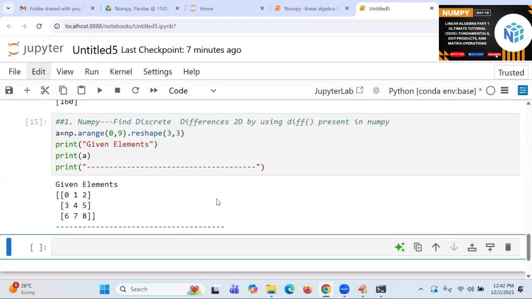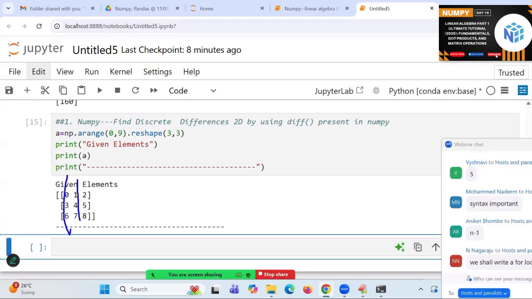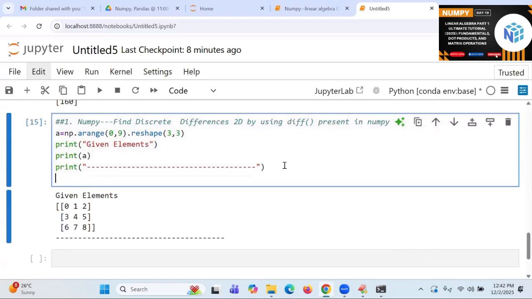Now I will go for axis-wise. So axis-wise, be ready with the answer. What am I finding first? Columns. Ready? Come on, fast. Discrete differences 2D is equal to np.diff of a comma axis is equal to, come on, 0.